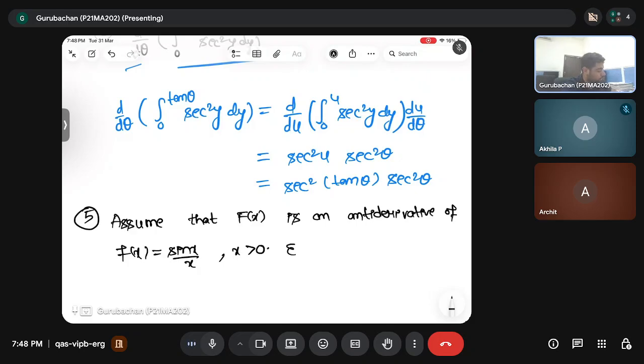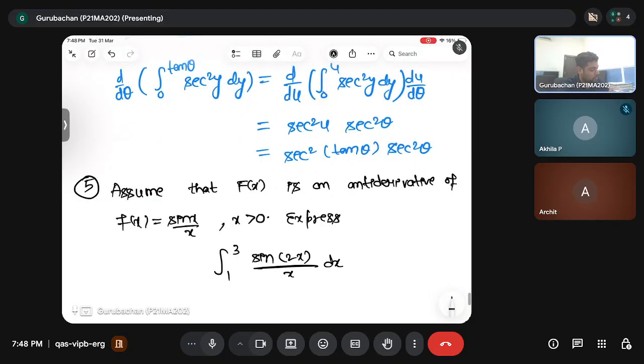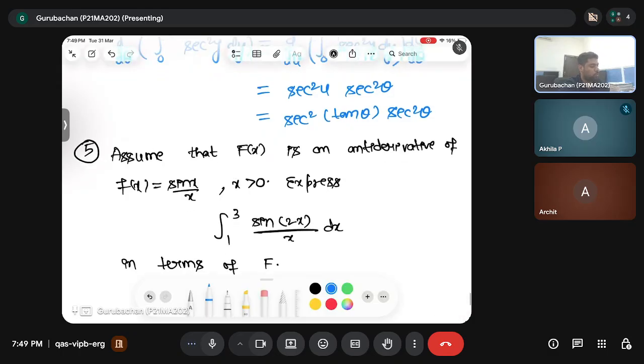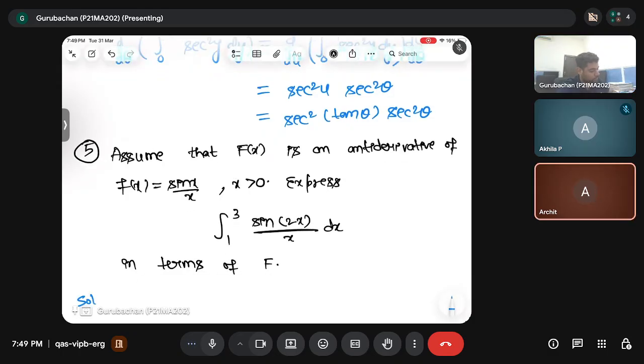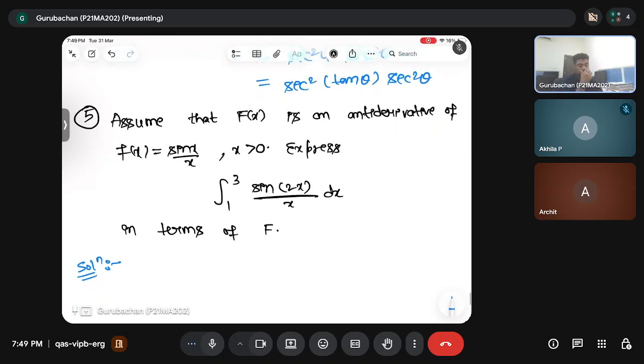Now express the integral from 1 to 3 of sine 2x divided by x dx in terms of F. This is a combination of the fundamental theorem of calculus with the rule of substitution. This is not that difficult, you just need to take some caution, we can say.